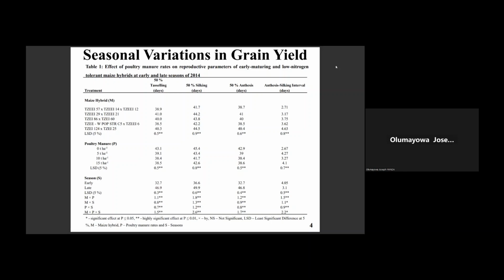The poultry manure rate that performed best was 15 tons per hectare, which had the earliest reproductive parameters measured.